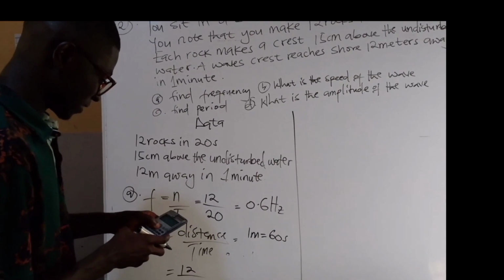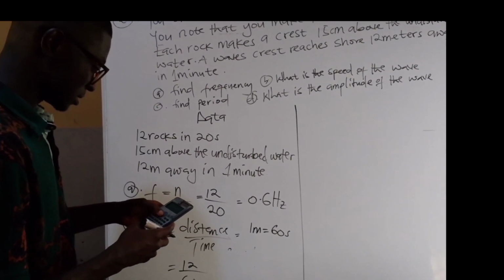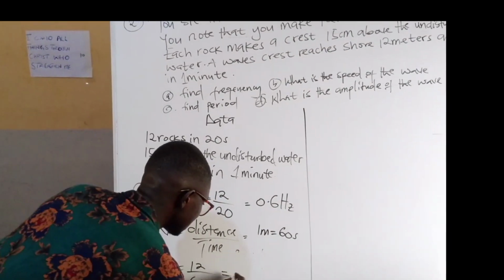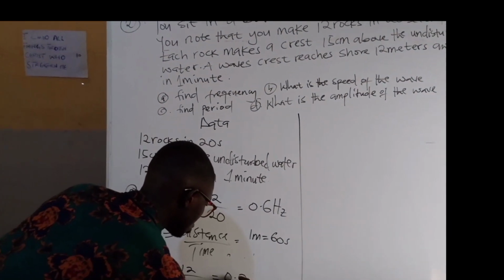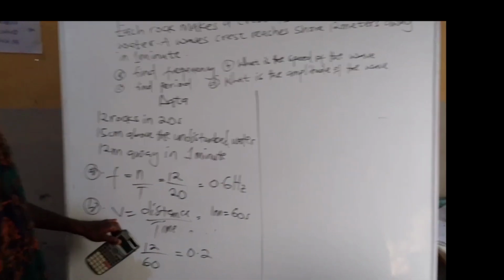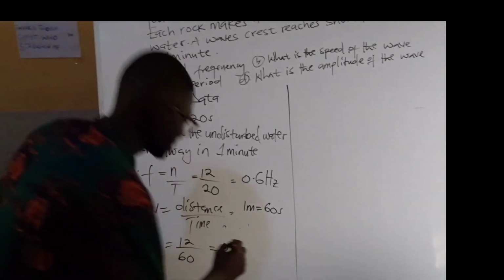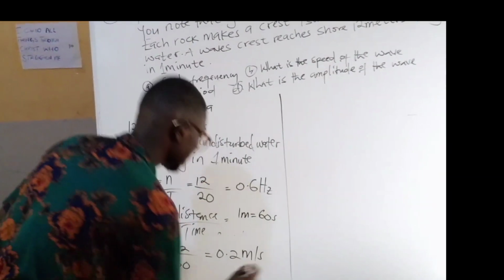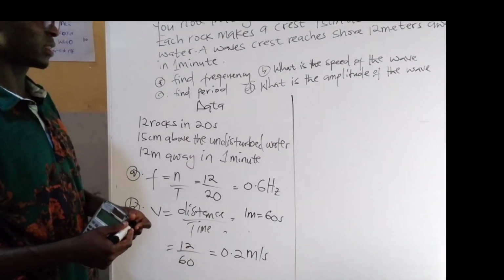So 12 divided by 60, we are getting 0.2. And we know that velocity is measured in meters per second. So meters per second. Now we are done with the second part of the question.